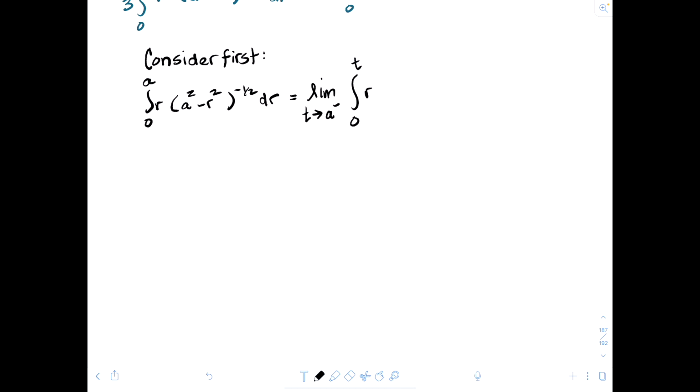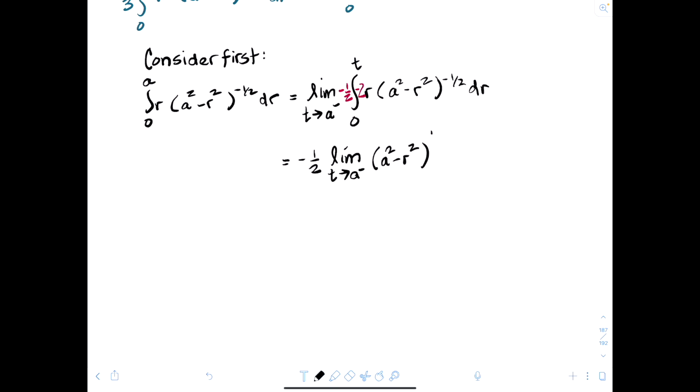And then we're still integrating r times a squared minus r squared to the negative 1/2 dr. So that will equal negative 1/2 times the limit as t approaches a from the left of the quantity a squared minus r squared to the positive 1/2 divided by positive 1/2, with r going from 0 to t.